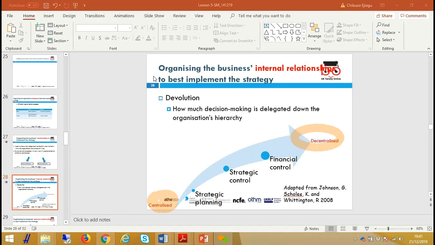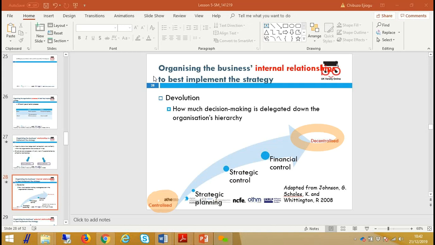Where senior management sets the strategic plan, is responsible for implementing and controlling it, and is responsible for financial spend, where every penny or much of it they have to approve, that is tending more towards tight, centralized control. Or where they allow more of these things to be done by people lower down in the organization, teams or departments and so on, then it's tending towards a decentralized approach.